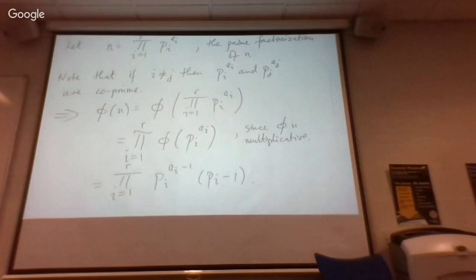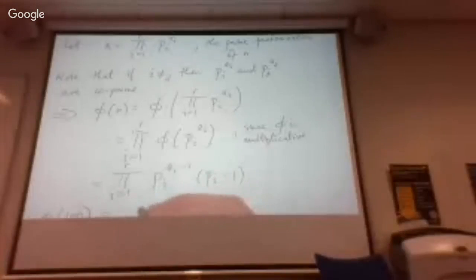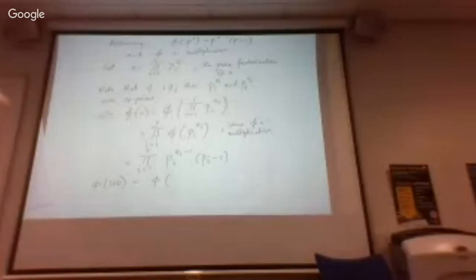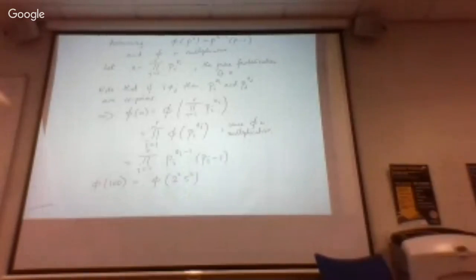So let's just see an example. I asked you rhetorically before what phi of 100 was. So if you think of 100 as its prime factorization, so 100 is 4 times 25, so it's 2 squared times 5 squared. Okay, so that's the prime factorization of 100.